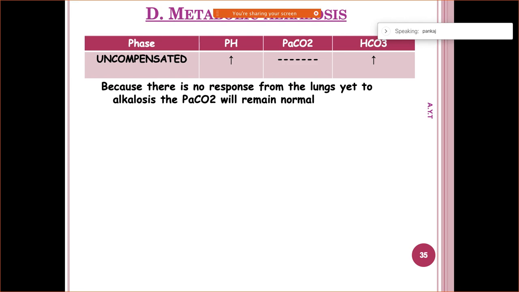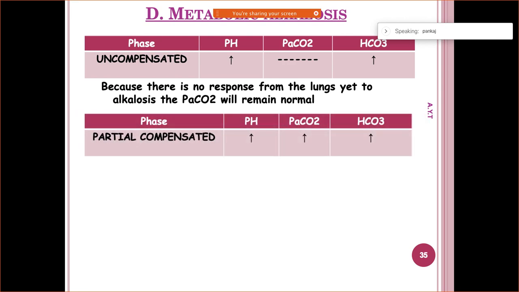Pankaj, try. Sir, pH is increasing, that's why it's alkalosis. Wonderful. And HCO3 is increased. That means it's a metabolic alkalosis. And how much is the normal value of bicarbonate? It is 22 to 28, sir.